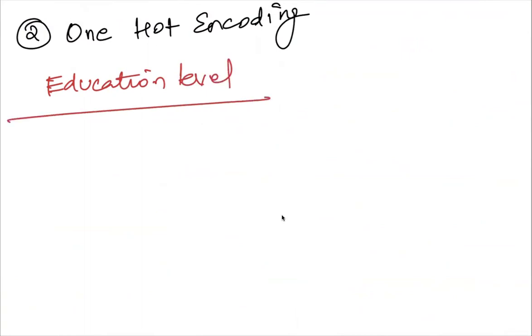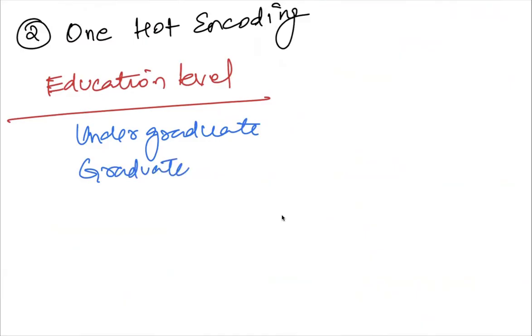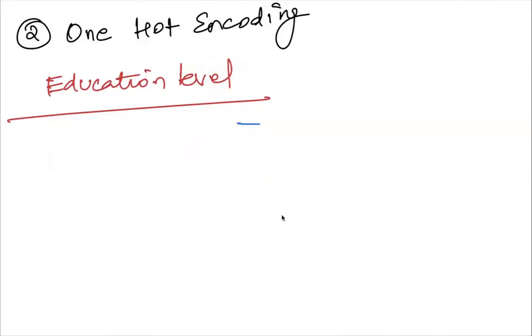This basically tells what is the highest education level you have achieved. Instead of undergraduate, let me write bachelor's, master's, as that would be easier to understand. Bachelor's, then we have master's, we have PhD, and lastly postdoc.